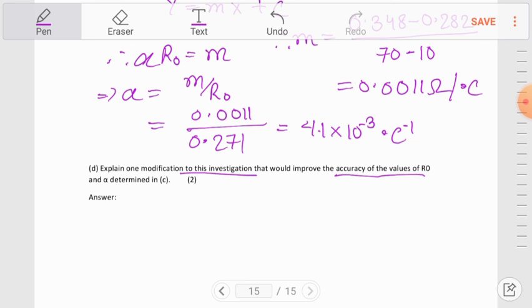We can say that we need to take measurements for the resistance at 0 degrees Celsius to calculate the value for R naught more accurately, and he should measure the temperature at regular intervals to improve the accuracy for the value of the gradient.